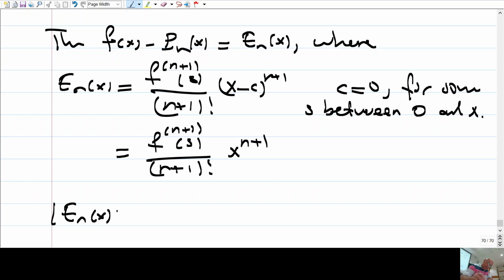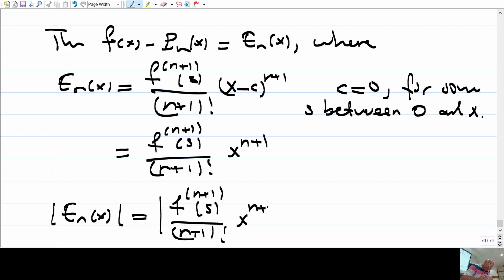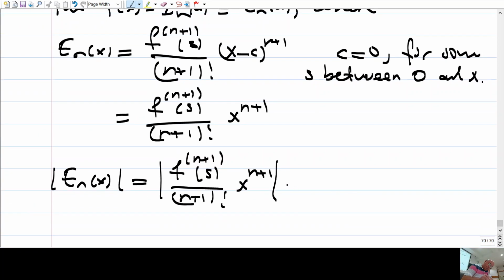Okay, now what is this error term? En of x in absolute value is this expression, right? Now, what is this derivative term? f is sine x. So any derivative of this is either sine or cosine, right? Sometimes minus cosine, sometimes minus sine. But this derivative is either plus or minus sine x or cosine x.